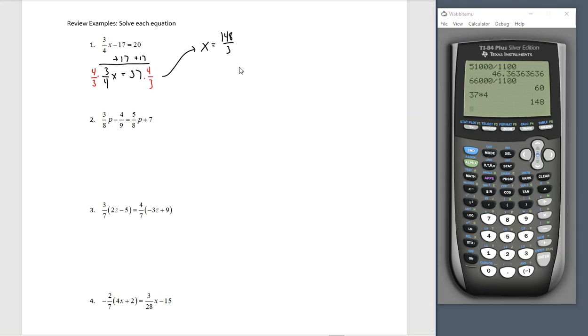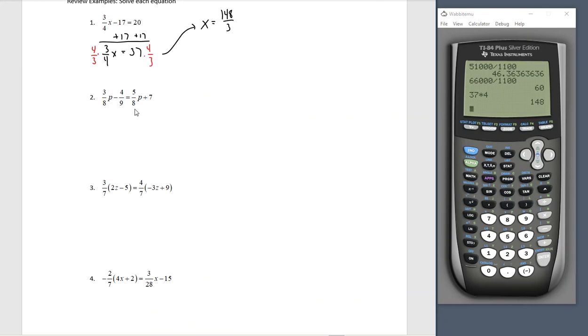In this one, we will not find the decimal. We'll leave it as 148 divided by 3. It does not simplify. The fraction does not reduce at all. And mixed numbers are only used for baking and carpentry. So let go of those mixed numbers. Let's leave it as 148 over 3.